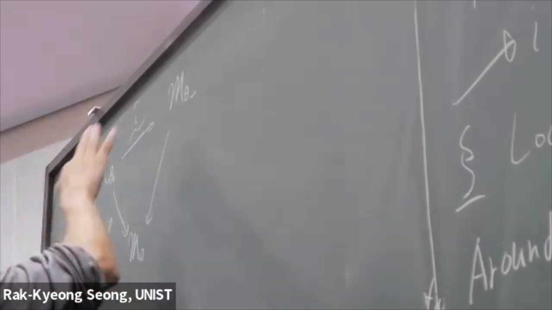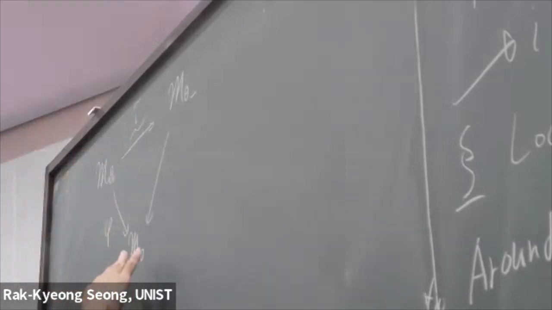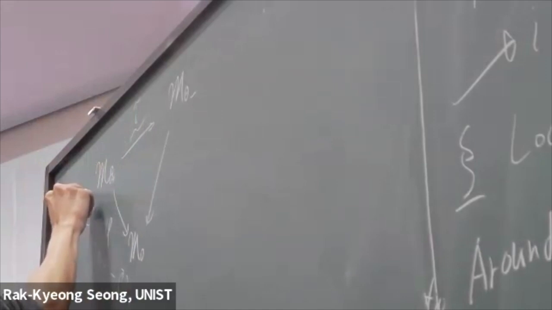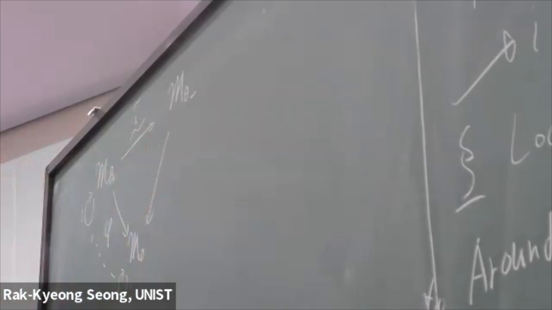But this diagram is not commutative, and the birational involution here descends to a biregular involution on this affine moduli space, the affine quiver variety, and this lifts to the regular involution on this moduli space because of the various properties.